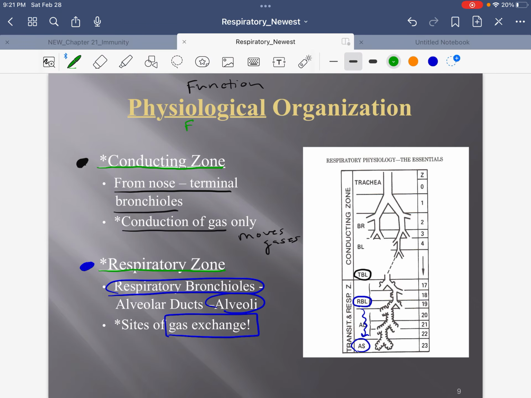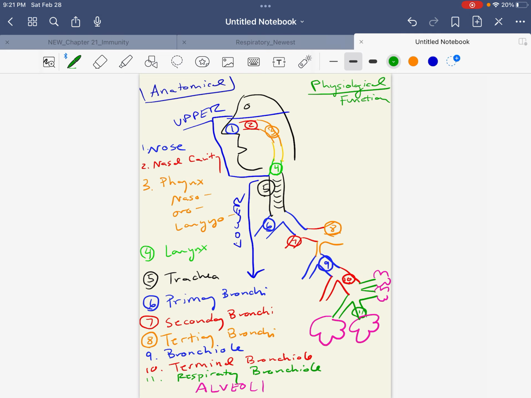The conducting zone. Do you remember the conducting zone? Functionally, most of the respiratory tract conducts gases. It just moves gases from the nose all the way down to and including the terminal bronchioles. That's why it's called terminal. It's not the end of the airway, but it's the end of the conducting zone.